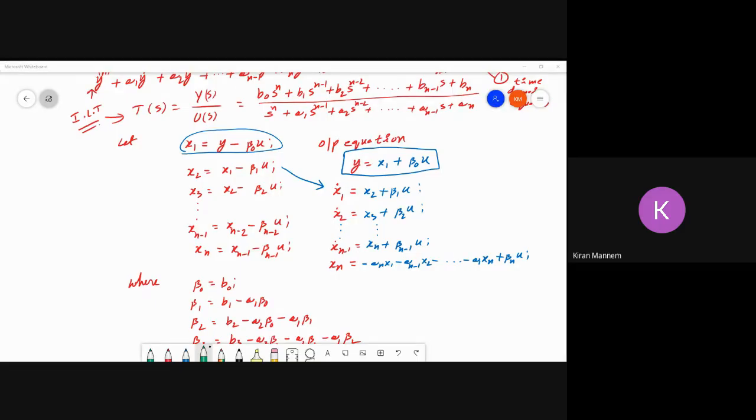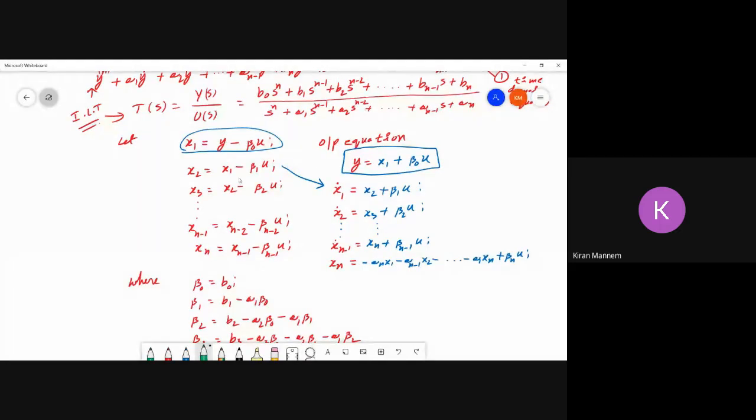So, I made some correction in the previous class. x2 is equal to x1 minus beta 1 u, and you get x dot 1 is equal to x2 plus beta 1 u. Right. So here your state variable must be x dot.